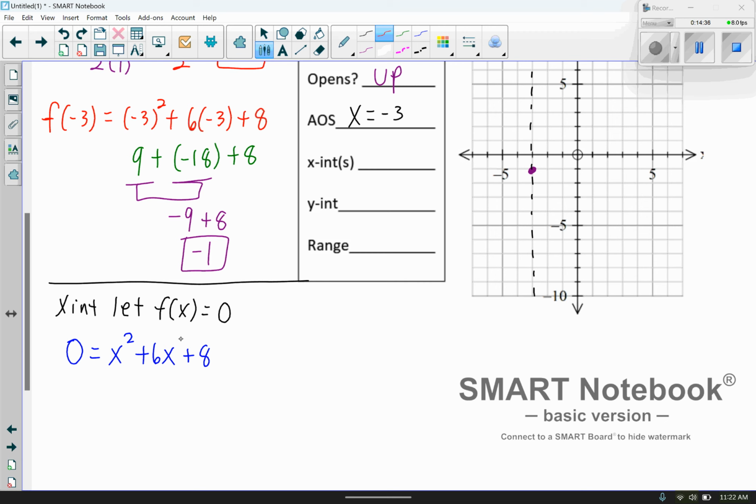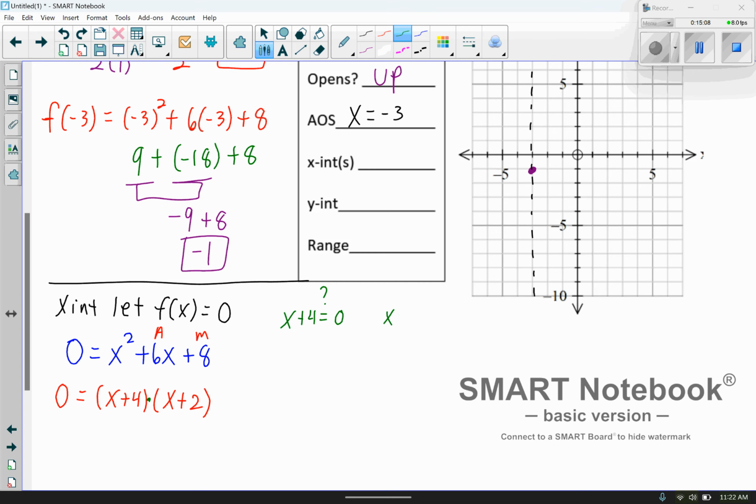So what multiplies to give me 8 but adds to give me 6? That would be 4 times 2 is 8, and 4 plus 2 is 6. So we're going to factor this into x plus 4 and x plus 2. If you were to FOIL that, it's the same thing I have up above in blue, but we want to go ahead and finish solving this. So now you take each factor and set them equal to 0. So x plus 4, what would make that equal 0?